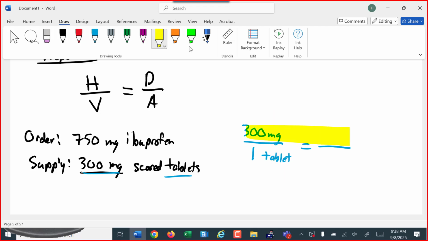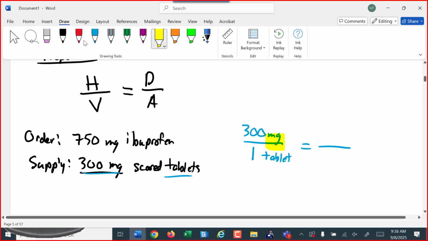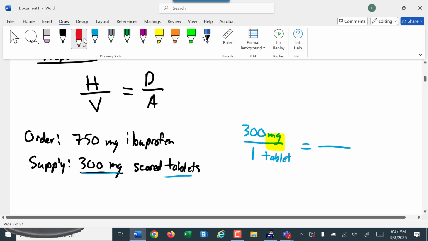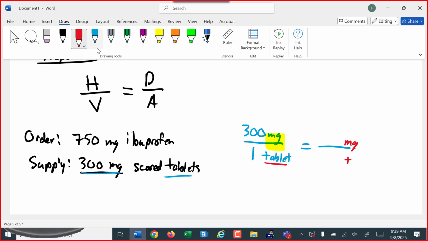Or these two units have to be the same. And then, of course, both of these units would have to be the same. So since this is in milligrams, this over here also will have to be milligrams. Since this is in tablets, this over here will also be tablets. So the doctor's order of 750 milligrams goes on top.